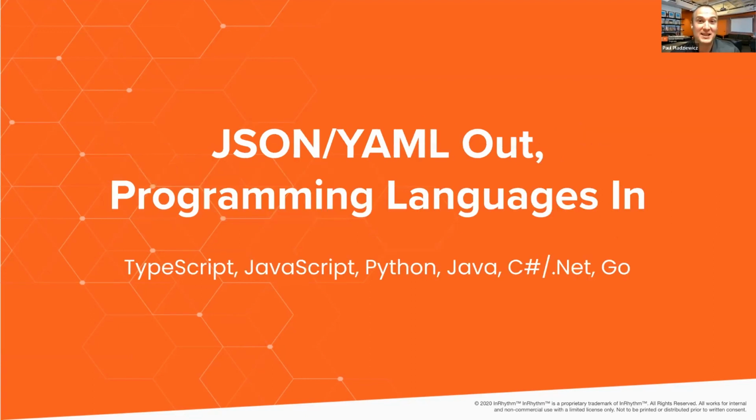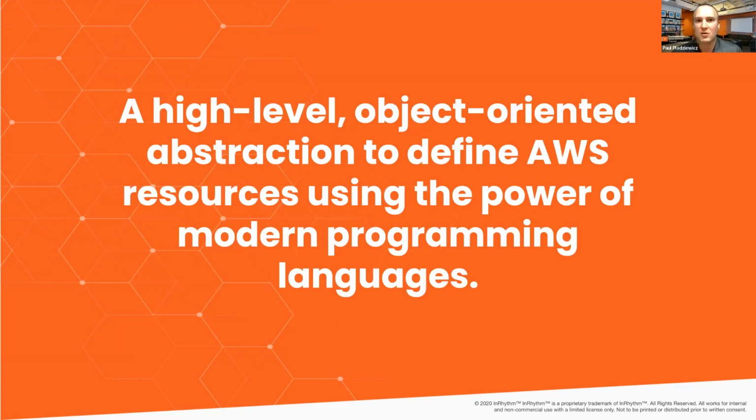So JSON and YAML out, programming languages in, like TypeScript, JavaScript, Python, Java, C#, and Go. So to say it another way, it's a high-level object-oriented abstraction to define your AWS resources using the power of a modern programming language.